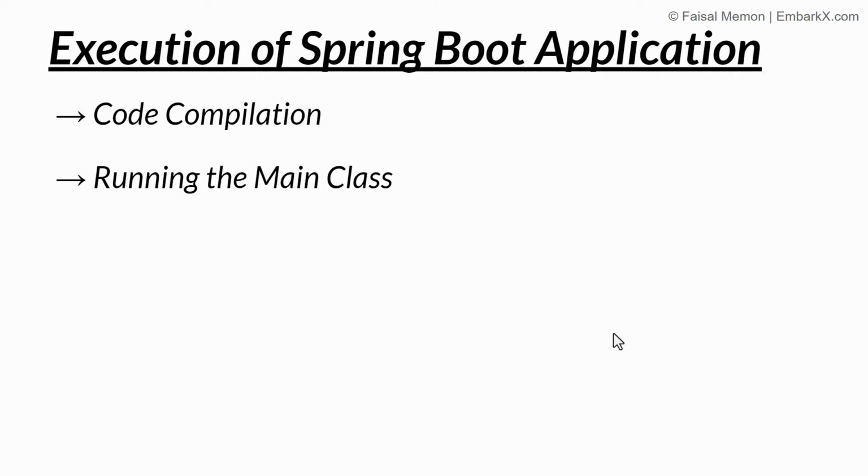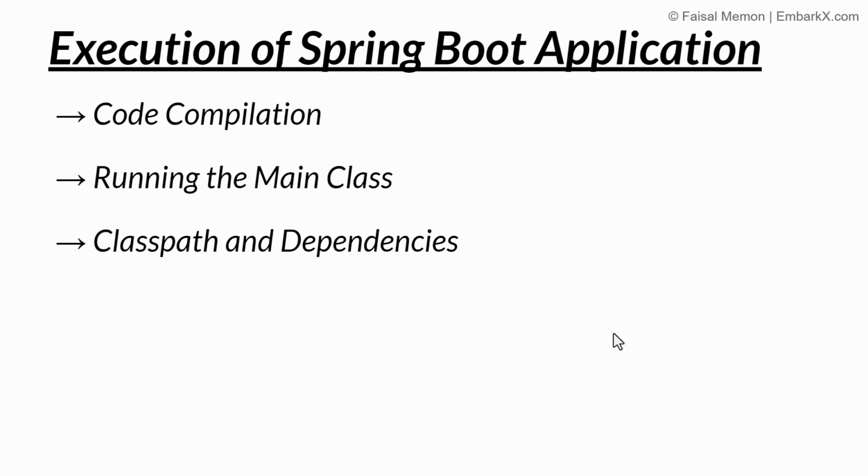Then the next step is running the main class. In a Spring Boot application there is a main class which is annotated with the @SpringBootApplication annotation, and this serves as the entry point to the application.